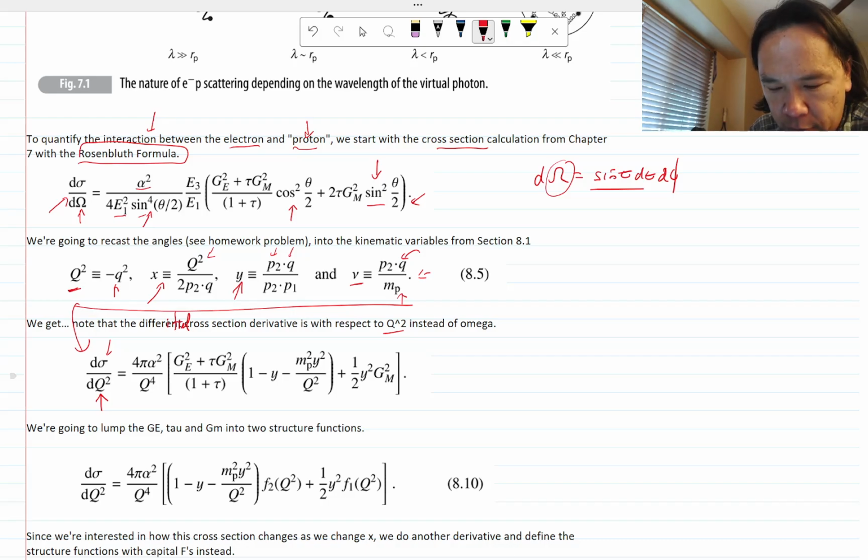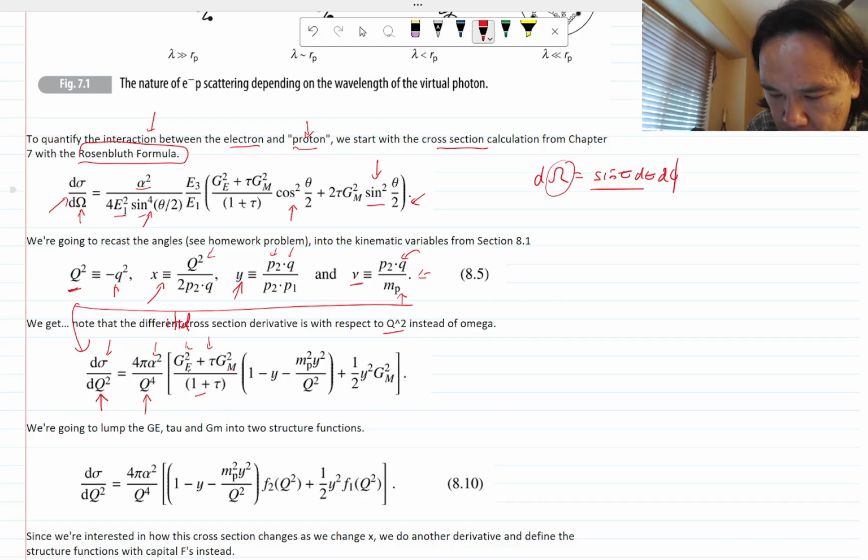That's why you have this derivative relative to q squared. When you do the substitution there, what you'll see is that it's going to be 4 pi alpha squared, and then it's going to have a Q to the 4th power on the bottom. Okay, and then you will retain these charge coupling and magnetic coupling.